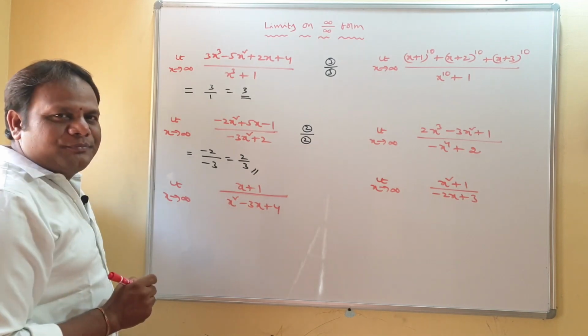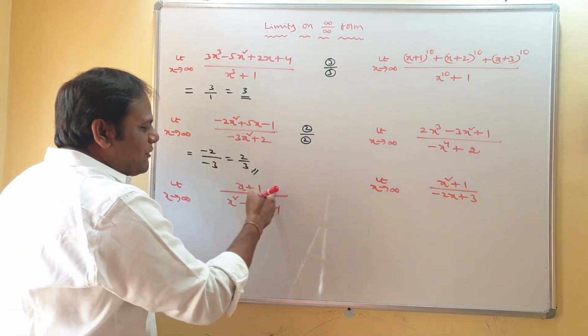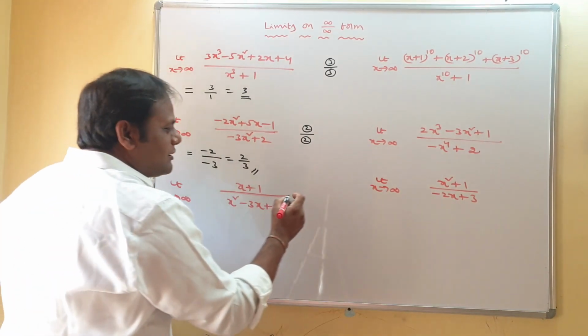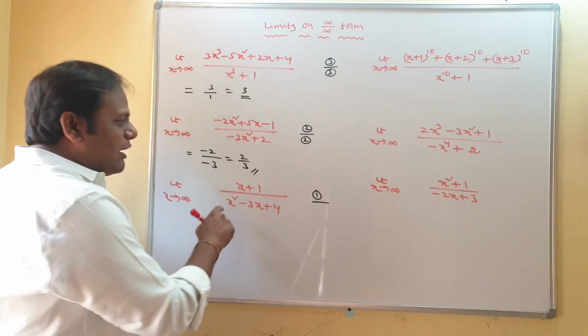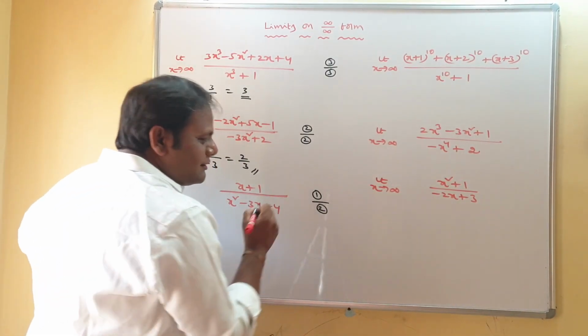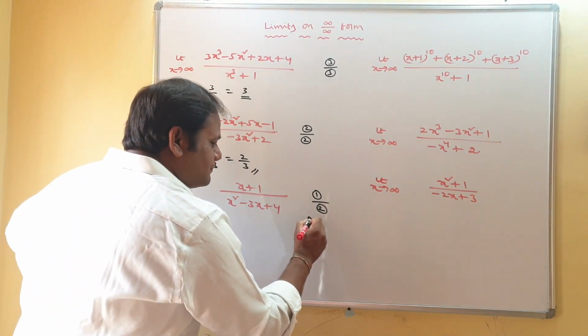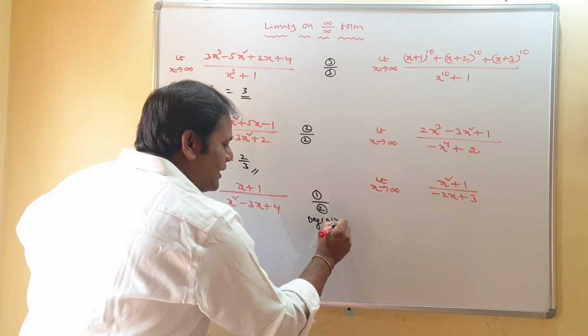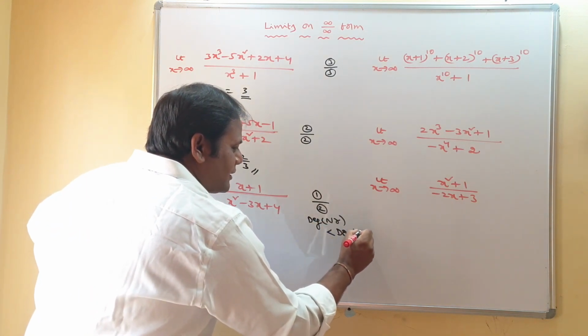Coming to this problem. Here you see that what is the highest power in the numerator? That is 1, x power 1. What about the highest power in the denominator? It is 2. So here you see that the degree of the numerator is less than the degree of the denominator.